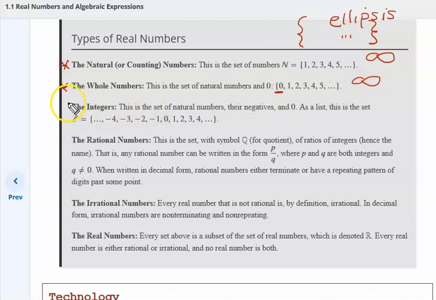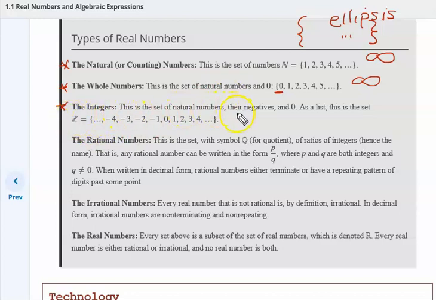Next set of numbers are the integers. Now, if we have our whole numbers, which includes 0, and their opposites, that is what we would add to a 1 to make it a 0, the -1, and the -2, and the -3, and so on, and this would include integers.